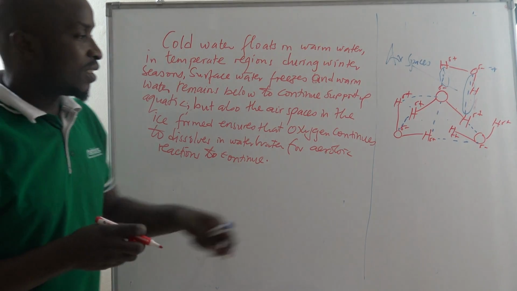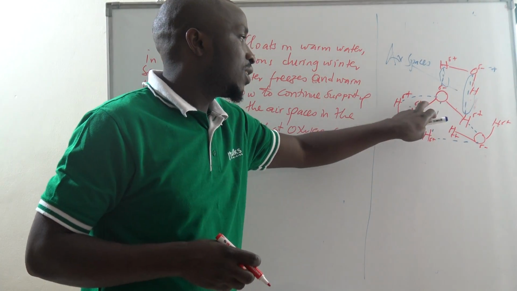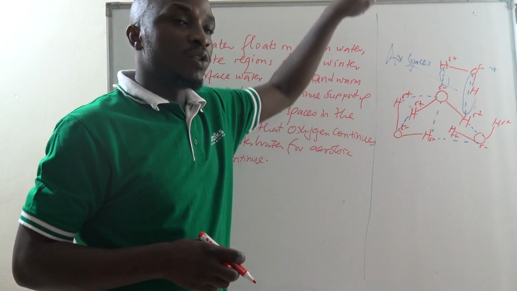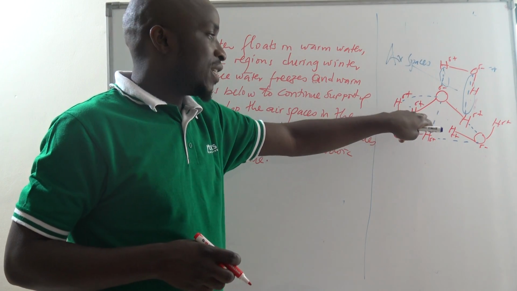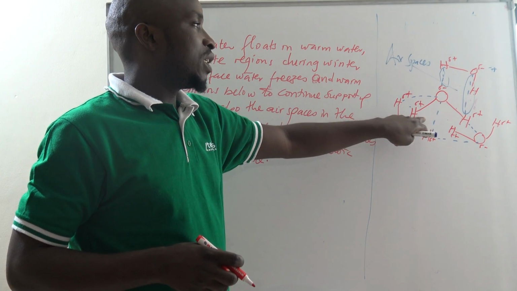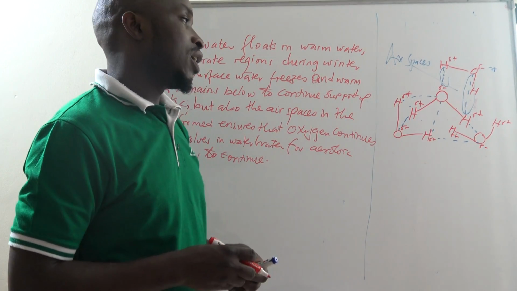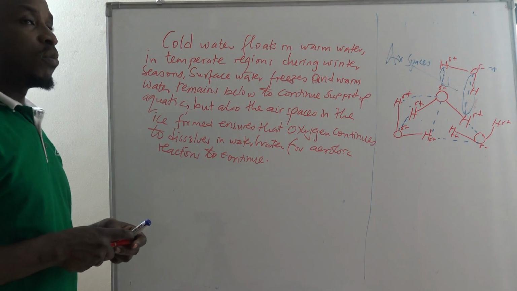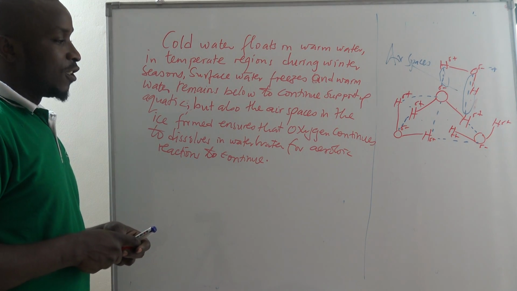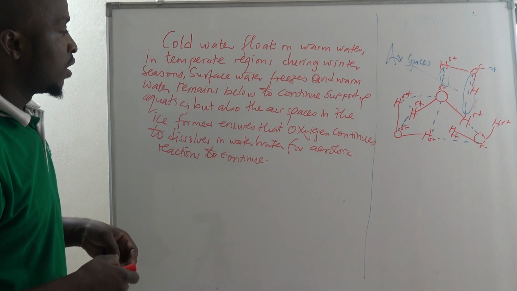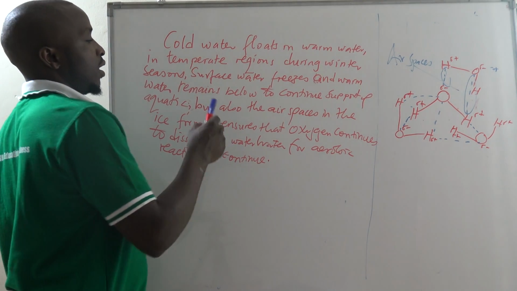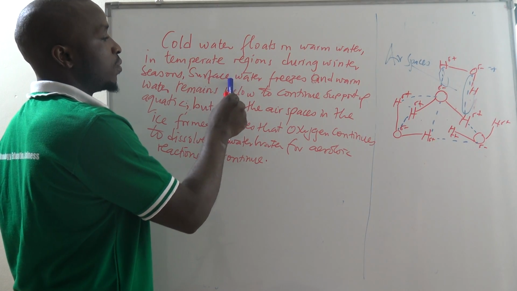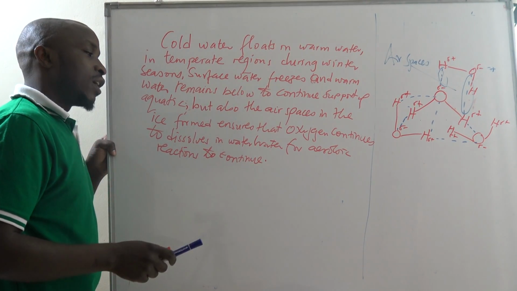So the air spaces that are created in the water lattice will ensure that oxygen from the atmosphere passes via these air spaces, reaches the water, and dissolves, for those aerobic organisms in the water bodies to continue accessing oxygen. So it is two-way. As the water that cools comes to the surface and forms ice, it insulates the warm water below.